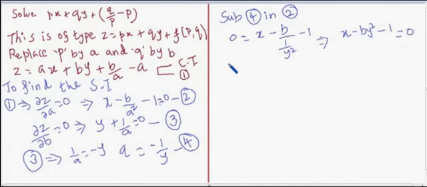Now move the term by squared to the other side. By squared will be equal to x minus 1, and from this we can find the value for b in terms of x and y: b is equal to x minus 1 divided by y squared. Let us take this as equation number 5.